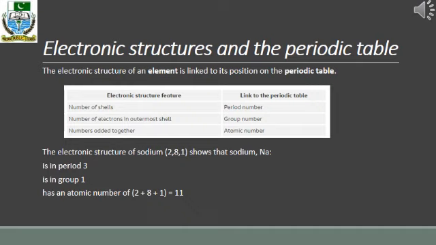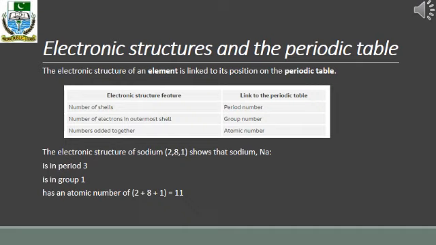The group number tells us about the number of electrons in the outermost shell, or it gives information about the valence electrons. If you see the example of sodium, it has 1 valence electron. It means it is present in group 1.